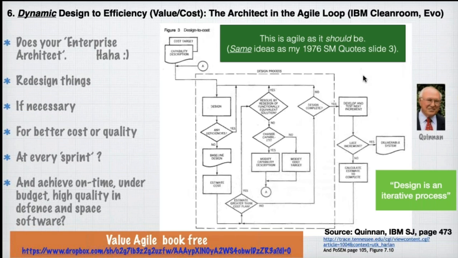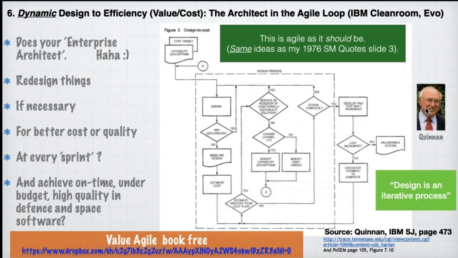But here's the basic idea. We can use Agile step by step to get numeric feedback on the real cost of the step and the real numeric value. And if the cost is too high or the value is too low, we will redesign right then and there, that week, that month, and try to improve our architecture or design so that it is more effective and less costly.